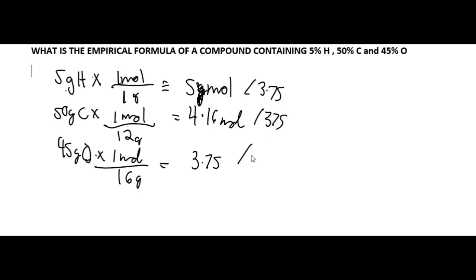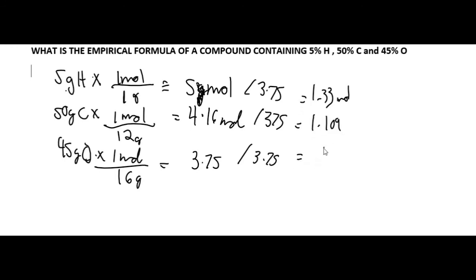So 5 divided by 3.75, that's 1.3 moles. Then 4.16 divided by 3.75, that's 1.09.